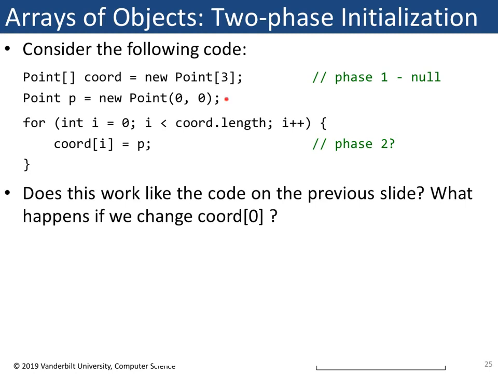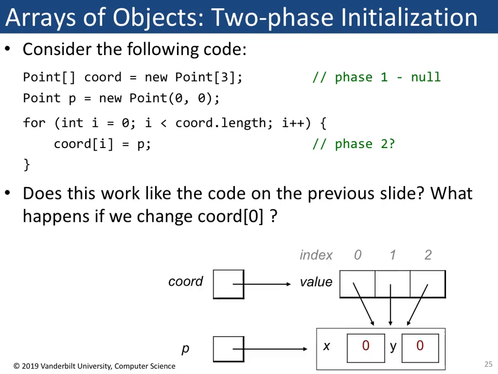Then we're creating an object and storing it in this reference variable P. And then inside our for loop, we're processing each element of this coord array, and we're storing the reference stored in P into each element of the array. Is that the same?